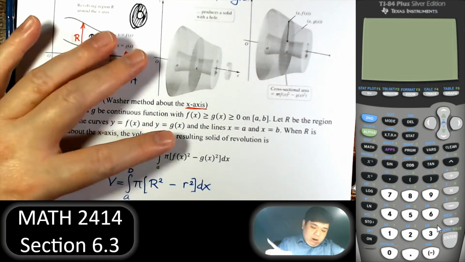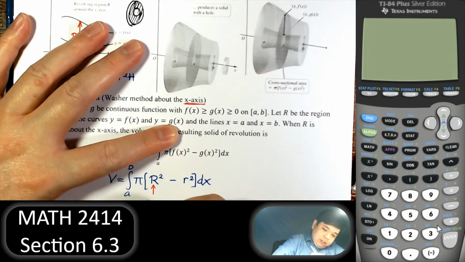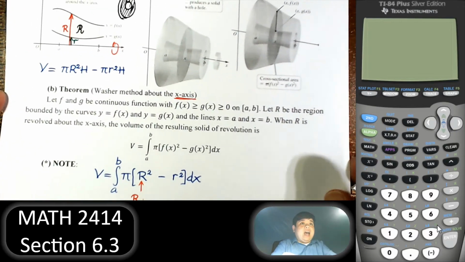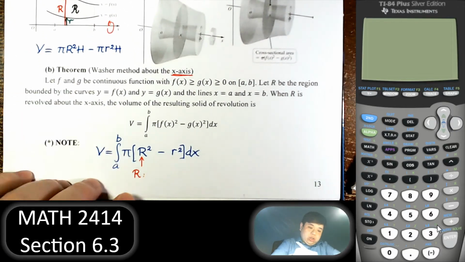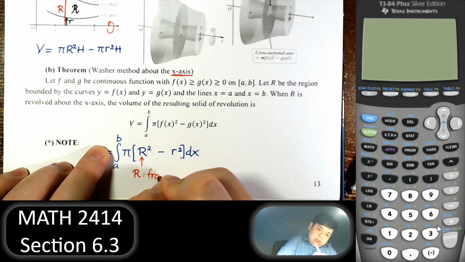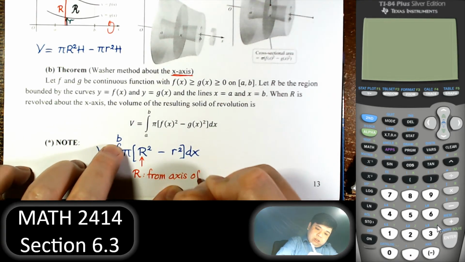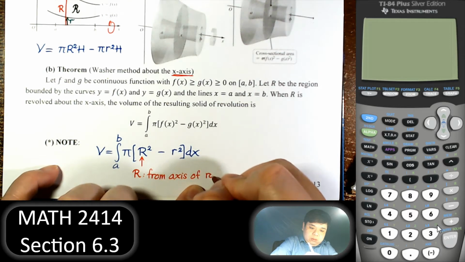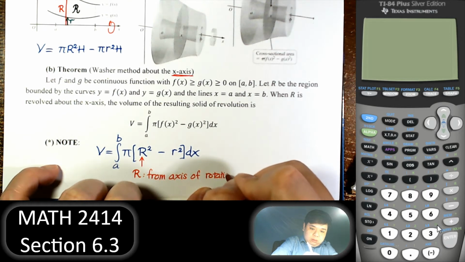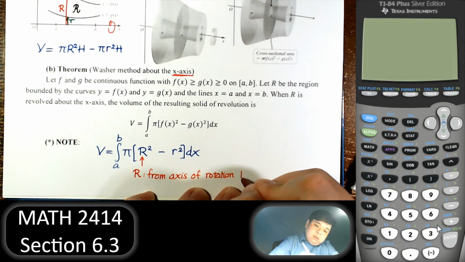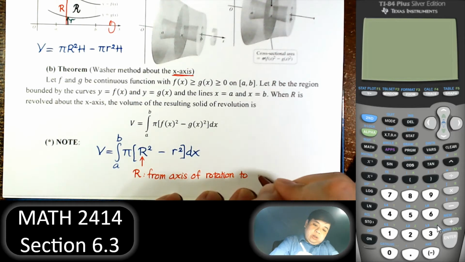So let's say the big R here is counting from the axis of rotation to the outer edge.